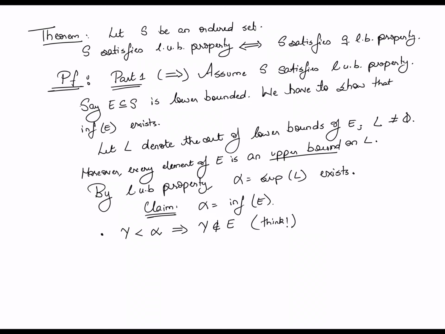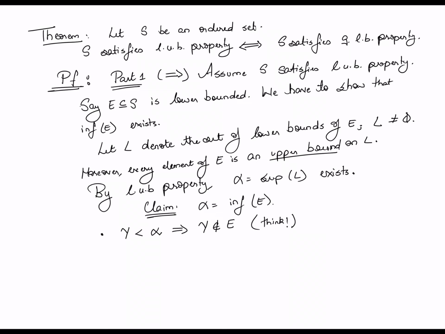Even though it is tempting to think of these elements as numbers, remember we are proving a property about ordered sets. So whatever argument you give, you should not use ideas from numbers. For example, you cannot take two elements and define the average of those two elements. The average doesn't exist because at this point all we have is an ordering.